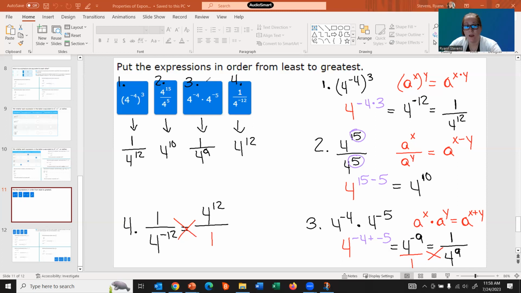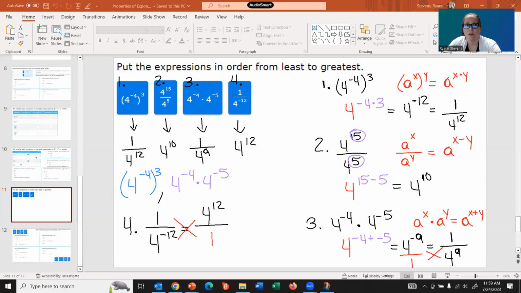So when we're putting this one in order, okay, we could say first we'd look at the number that's the least, which would be 4 to the negative 4th power, and then on the outside is 3. And then the second least would be, I'll change the color, the 4 to the negative 4th times 4 to the negative 5th. These are both the fractions that we had.